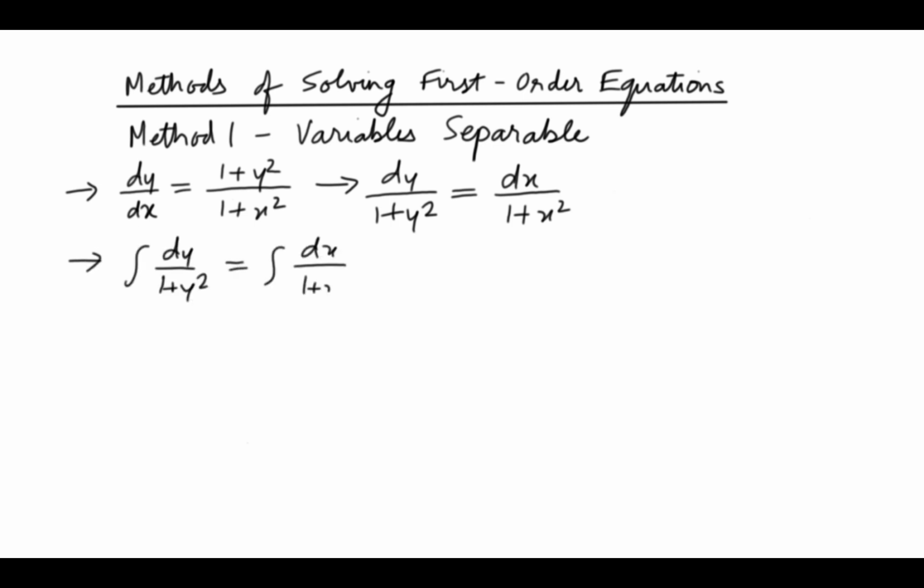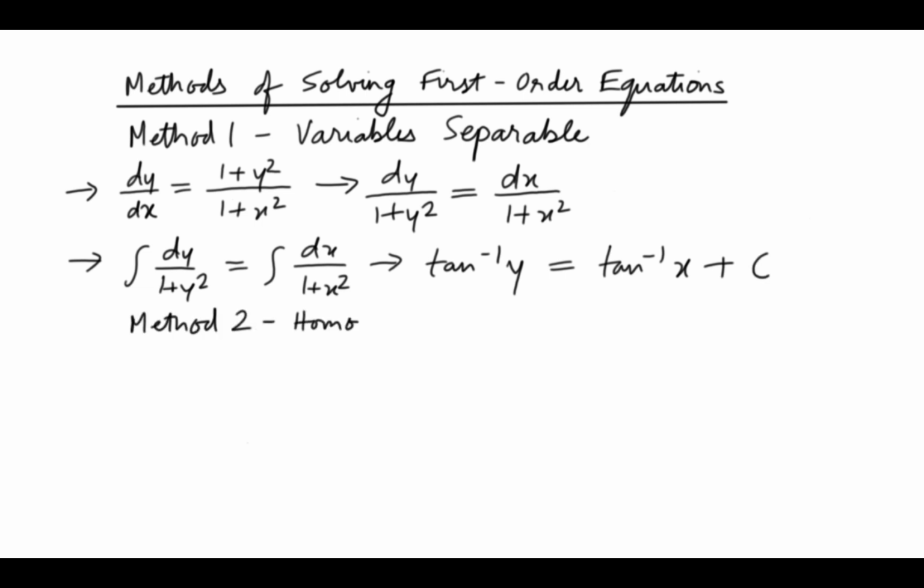So we'll take the y terms on one side and x terms on the other and integrate simply. So after integration, it's tan inverse y equals tan inverse x plus c, which is a clean solution.